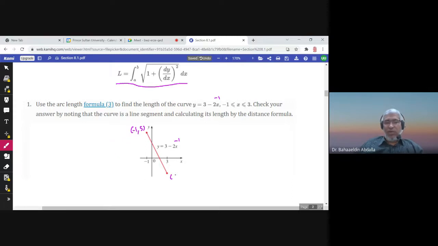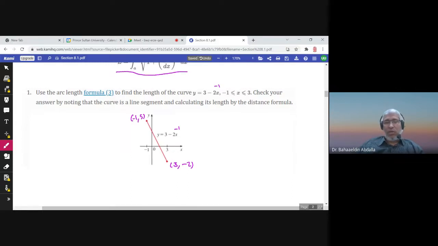And for this point, the x coordinate is 3, clear, but the y coordinate will be 3 minus 2 times 3, so 3 minus 6, which is negative 3, sorry. So this point has coordinates 3 and negative 3.